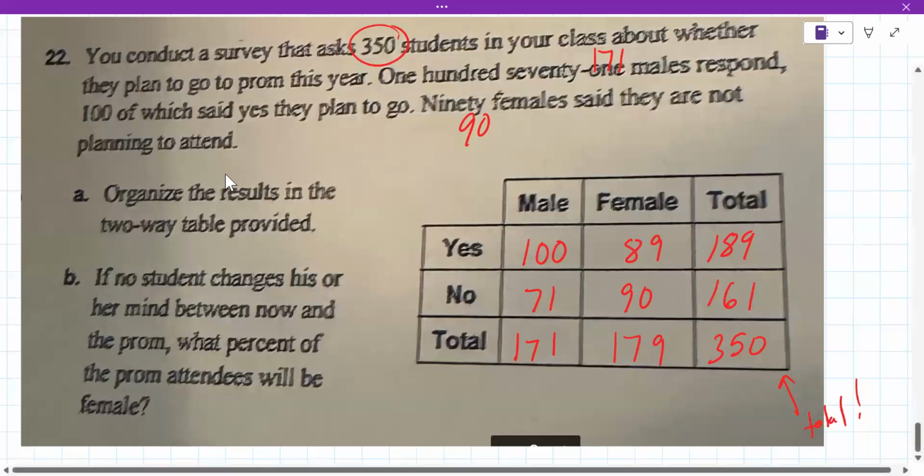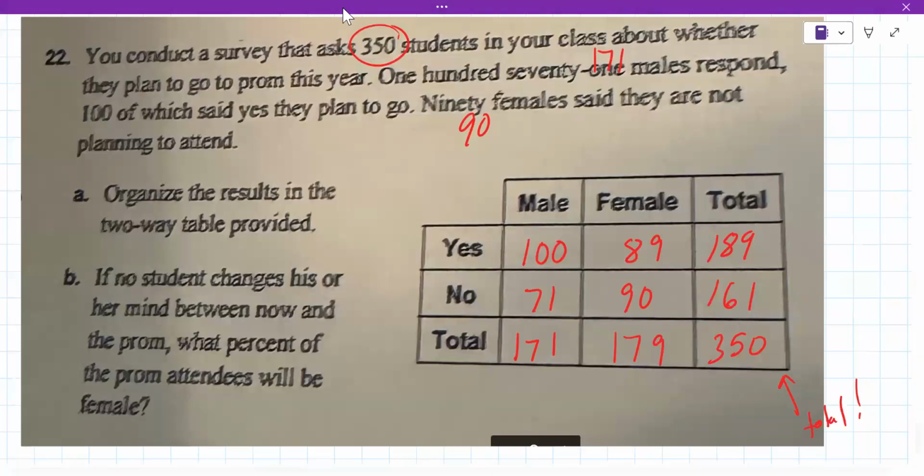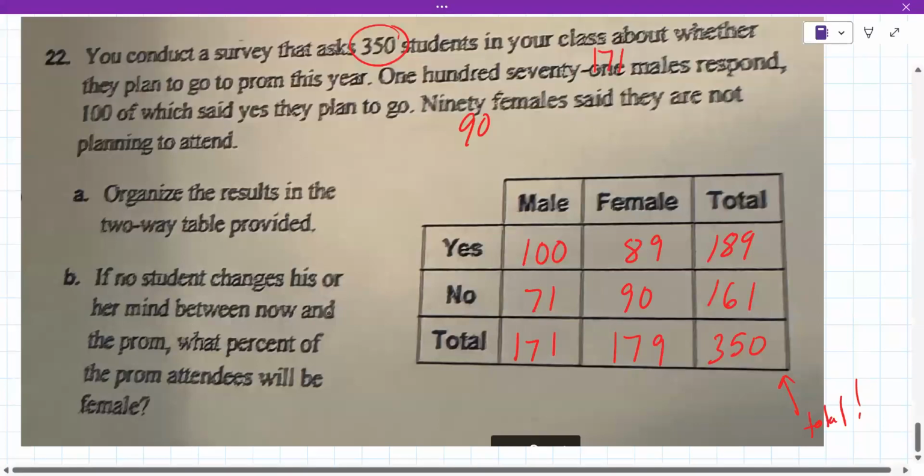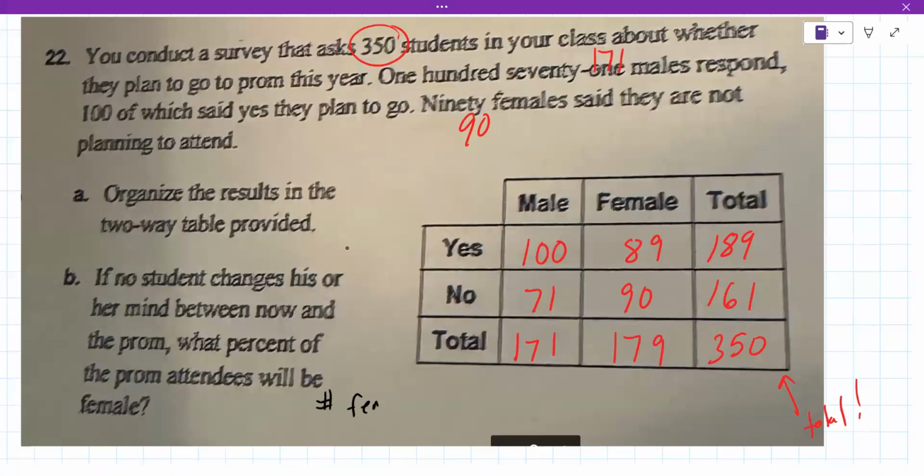If no student changes his or her mind between now and the prom, what percent of prom attendees will be female? So you're looking for the number of females out of the total. Number of females out of total is 179. Out of how many? 350.